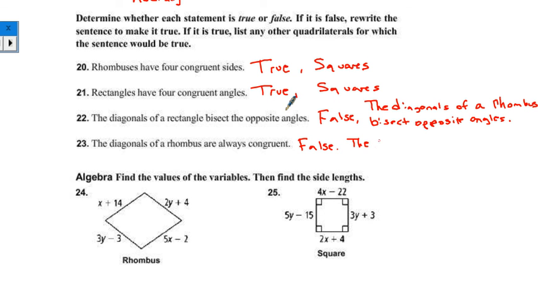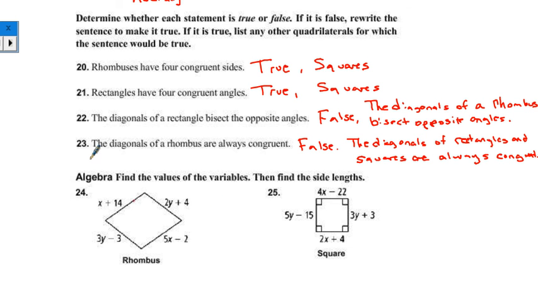So the diagonals of rectangles and squares are always congruent. Sorry for squeezing it in there, guys.